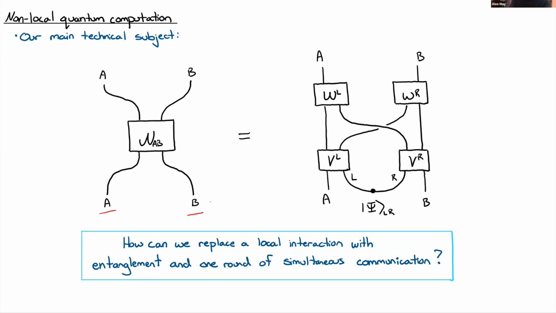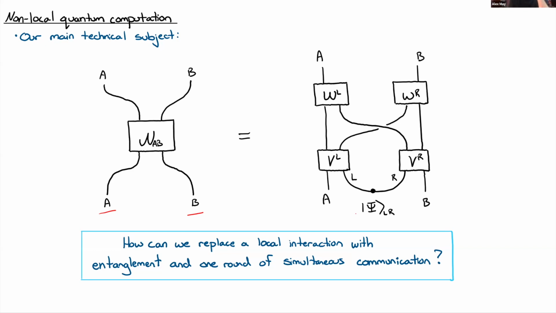They're far apart from one another, but they're going to be brought together and interacted in some way, and then brought apart again. We'll call that a local interaction. The goal of a non-local quantum computation is to reproduce the transformation that happens in that local interaction without ever actually bringing the systems A and B together in the same location.